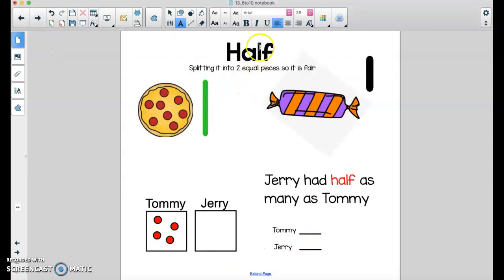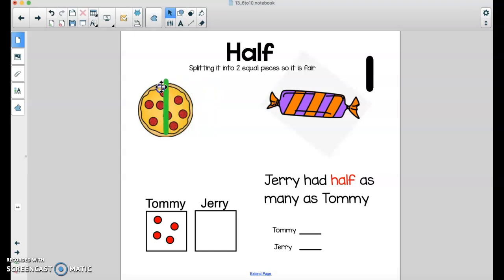So if you're wondering what half is, a quick review is splitting it into 2 equal pieces so that it's fair. A way I think of it is me and McKenna eating pizza, and we need to make sure we both get the exact same amount, otherwise we might fight. So if she gets half of the pizza and I get half the pizza, it's like splitting it into 2 equal pieces so that's fair.